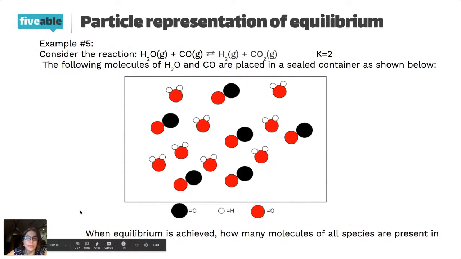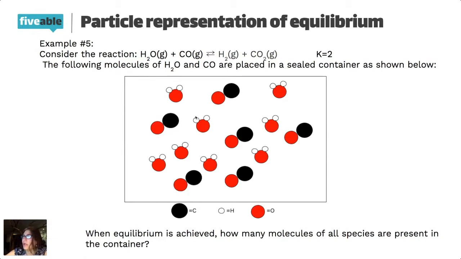How would you solve this problem? The way to do it is with trial and error, but another way is, again, to use our ICE table. Right, count the number of water and carbon monoxide and set up an ICE table. Okay, so correct.